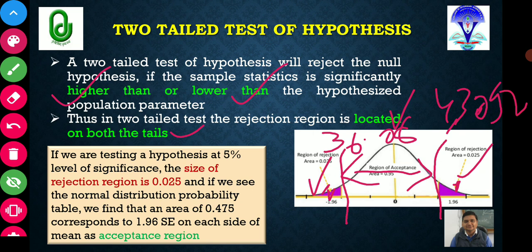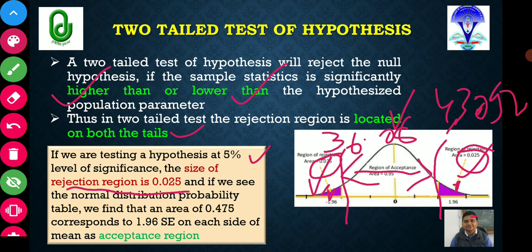Now if we are testing a hypothesis at 5% level of significance, the size of the rejection region is 0.025 on both the sides.